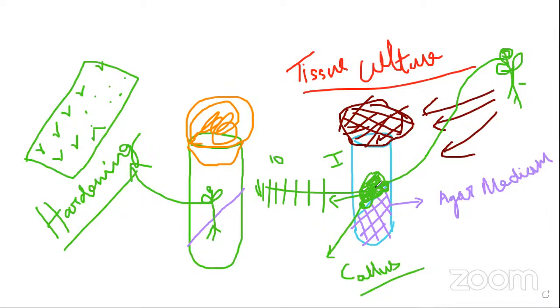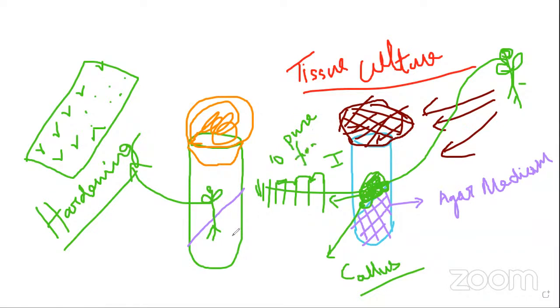So the callus is there. This is the first test tube, and you take from the first one to another one. Likewise, you have to transfer from 1 to 2, 2 to 3, 4, 5, 6, 7, 8, like that. You have to change the callus into another medium. So at the 10th one, you will get the pure form of plantlets.